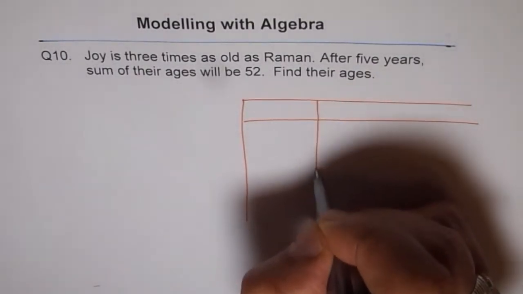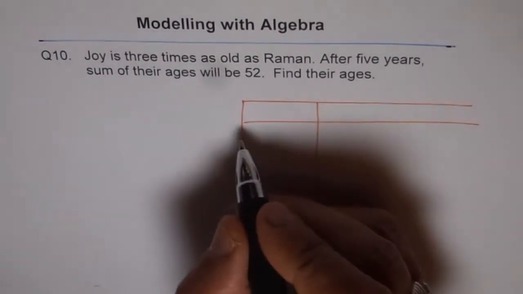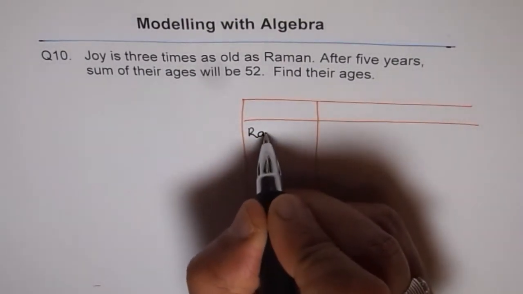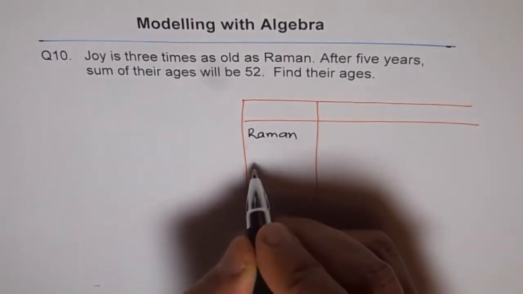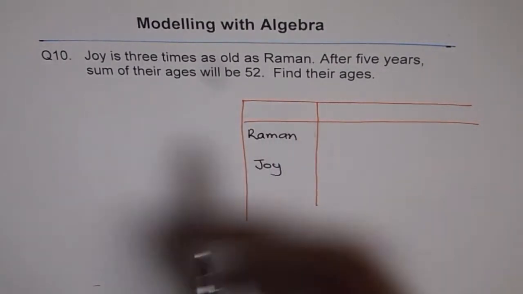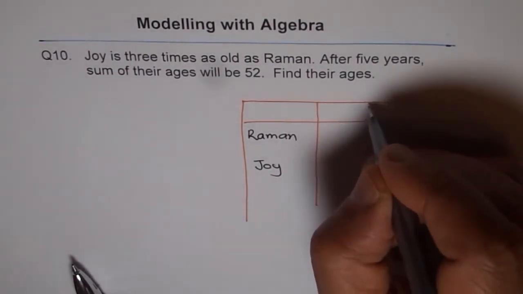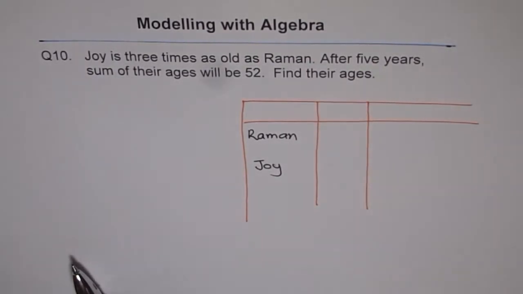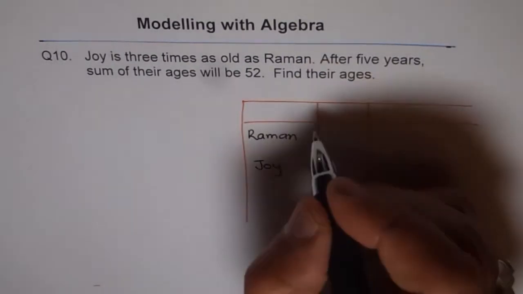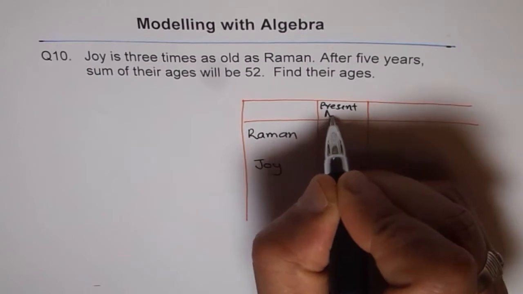So in the table we say, well, we're talking about 2 people. One is Raman, and the other is Joy. So these are the 2 people. And what are we interested in finding? Well, we know it's about their age, right? So let's make a column and say present age.